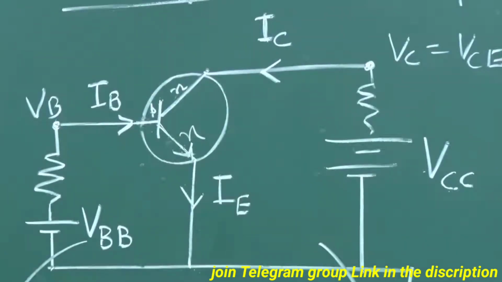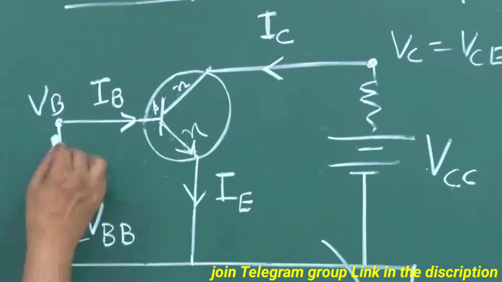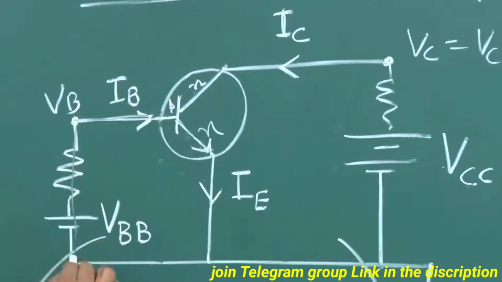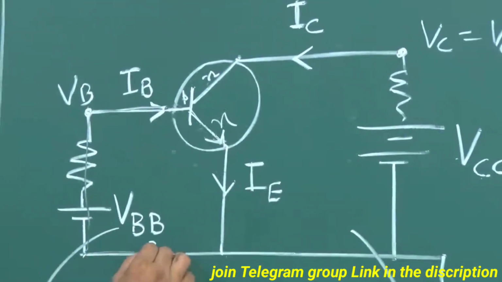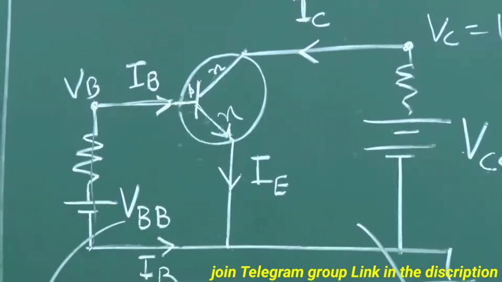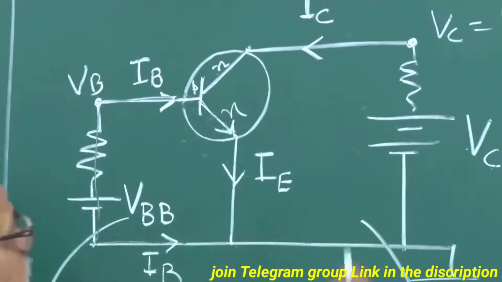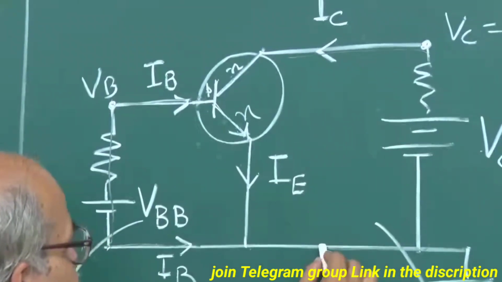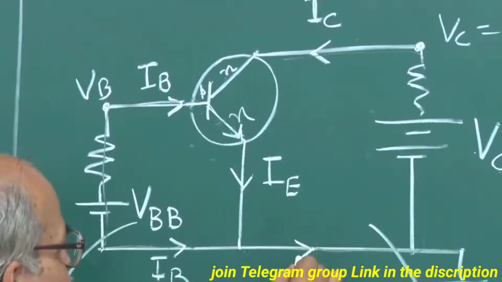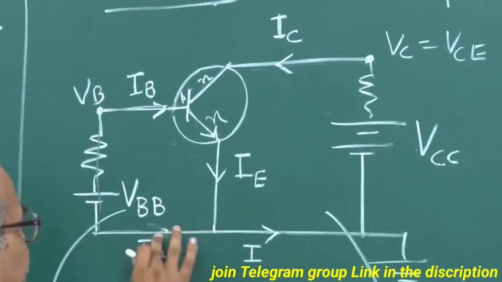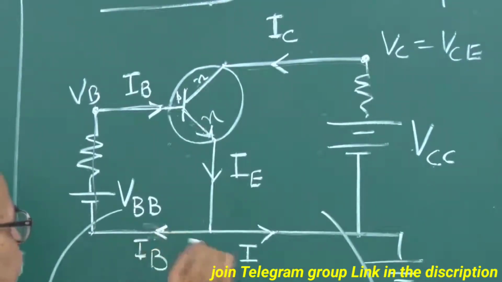So these are the symbols, and if this is IB, you can see that this is just a series circuit, and so the current here should also be IB. And similarly, if this is IC and this whole thing is series, you should have an IC out here. This IB is like this.